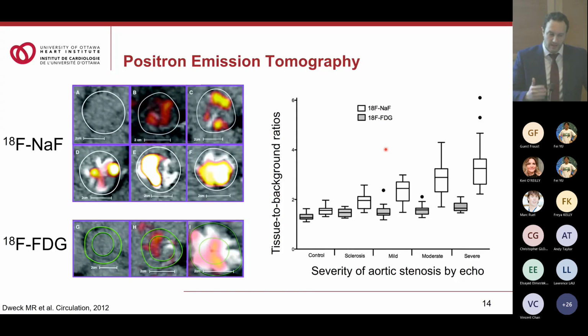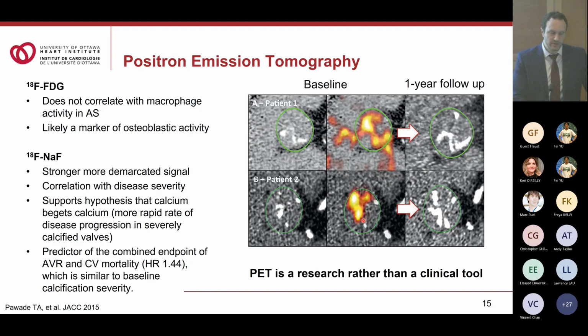There is still an increase in FDG, but not quite as dramatic. And on histopathology, the increased FDG activity did not correlate with increased macrophage activity. So they used CD68 markers and did not see that. So it's thought to be a marker of osteoblastic activity in the valve and less inflammation at that level.